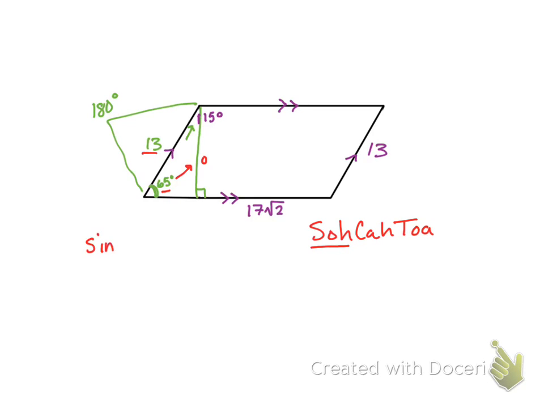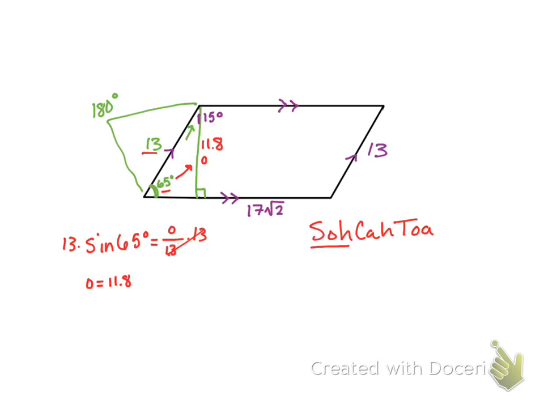So sine of 65 degrees equals the opposite over the hypotenuse. And now we need to solve. We multiply by 13 on both sides. Those cancel out to 1. We plug this into our calculator, and we end up with our opposite side equaling 11.8.